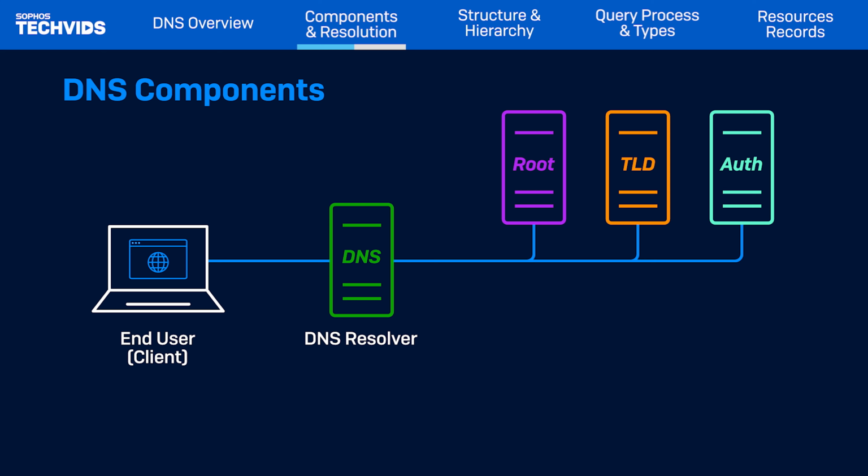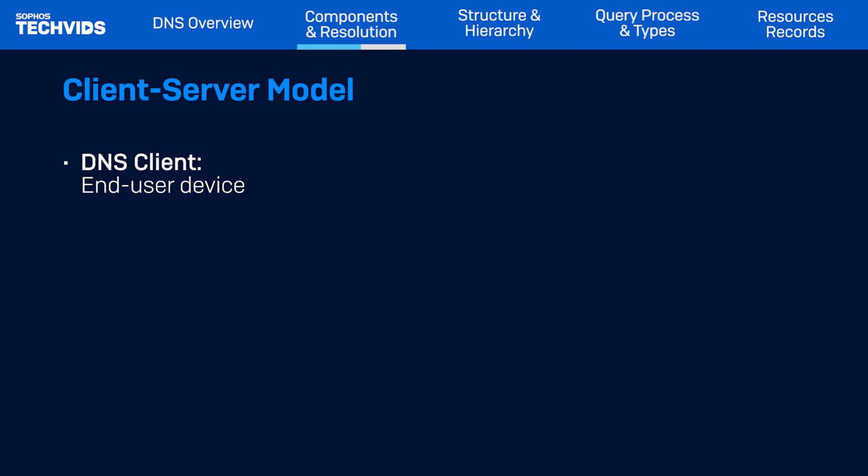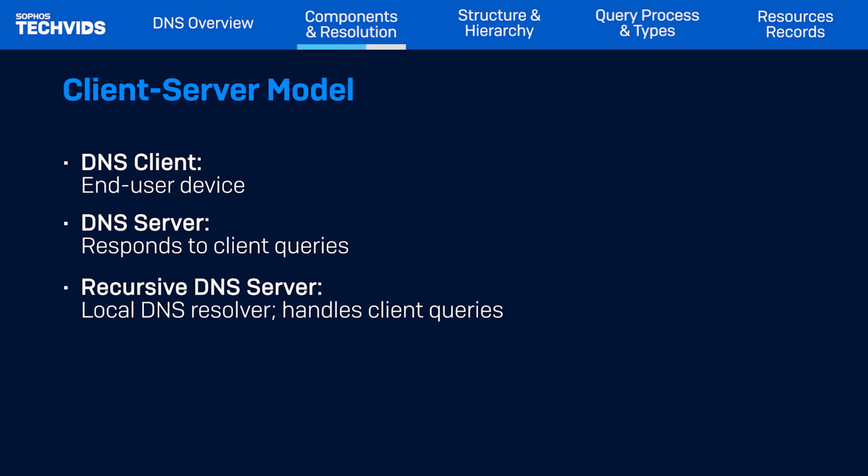In this process, we see four components of the DNS ecosystem, which represents a client-server model. The DNS client, which is the end-user device, and the DNS server that responds to the client queries. We also see the recursive DNS server, which is the local DNS resolver that handles the client queries.